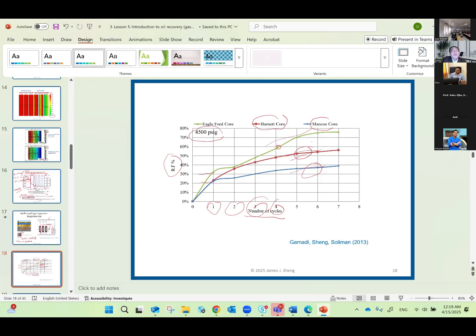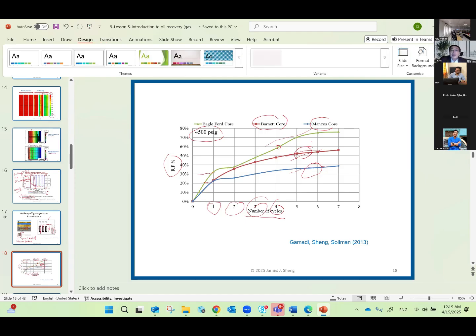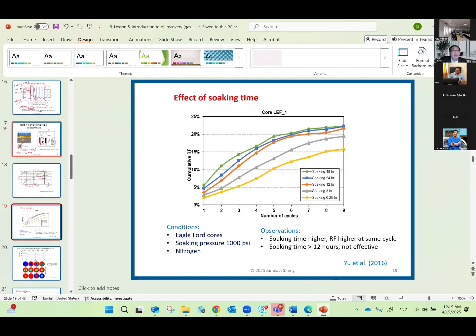Therefore, it demonstrates Huff-n-Puff could have high production, high recovery factor. If you produce more cycles, maximum we could even get 70%. So this experimentally verifies this idea works.